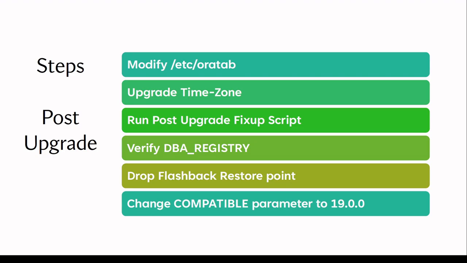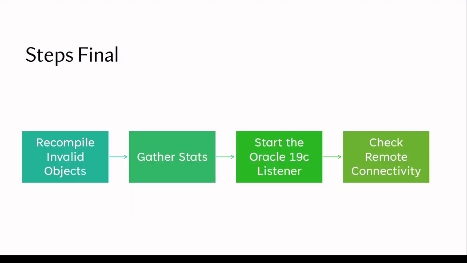Upgrade the time zone, run the post-upgrade fix-up script. These are the scripts that were generated by the pre-upgrade jar. Verify the DBA registry, drop the flashback restore point, change the compatible parameter to 19, and then finally recompile invalid objects, gather stats, start the Oracle 19c listener, and check remote connectivity.